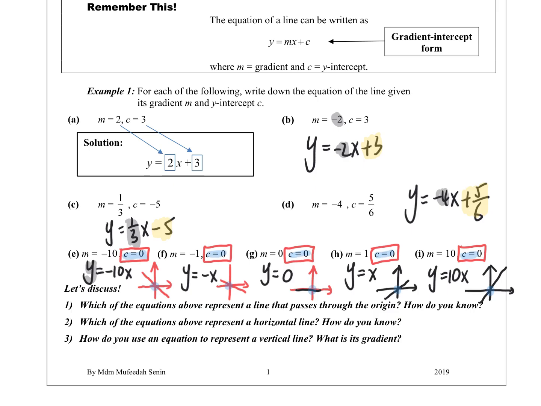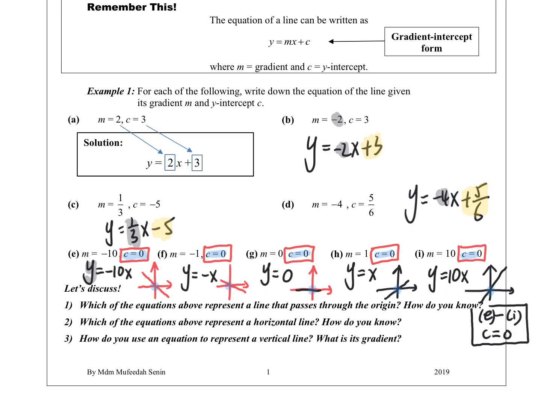Okay, so they ask you which of the equations above represent a line that passes through the origin. If you look, it's actually all the equations from E to I, because C is equal to 0.